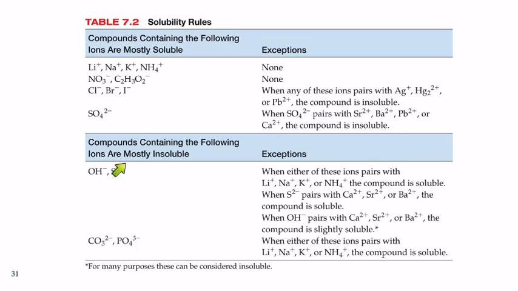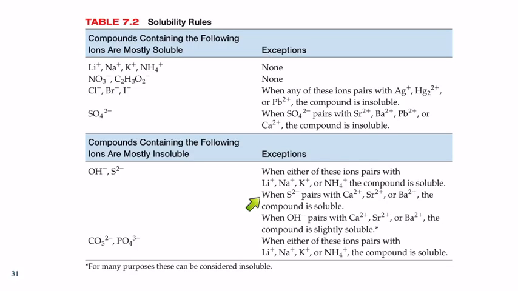And then down here, these are the ones that are mostly insoluble. If we think of these as girls, these are the really clingy ones. They're like, no, I'm sticking with you. Maybe they're just really shy, but you know those sorts of people. So hydroxide and sulfide are mostly going to stick with their man unless it's with lithium, sodium, potassium, or ammonium. These guys just aren't that cool.